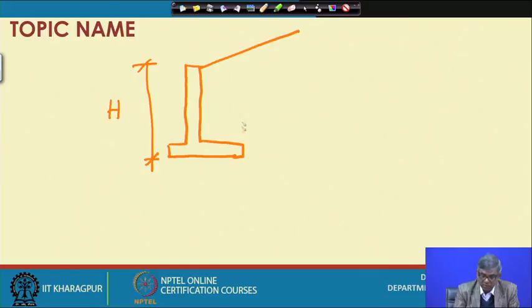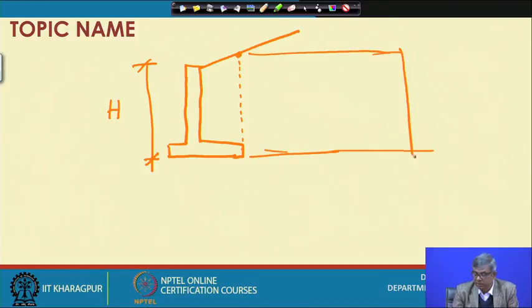What do we do generally? We draw an imaginary line from here, extended to intersect this, and then we consider this as the wall height. We consider this as the height of the wall, and then we calculate Ka or Kp, and then we find out the active earth pressure Pa or Pp, and then we apply those here.